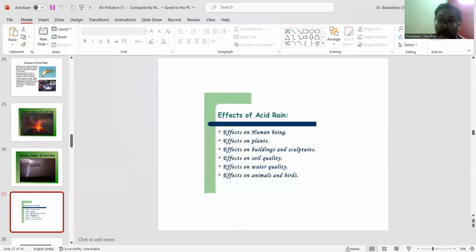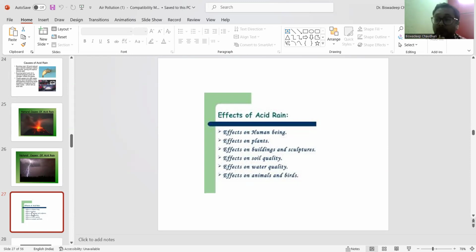Very dangerous. Some plants may be tolerant to pH, but some plants may not be very tolerant. So non-tolerant plants may get hampered due to acid rain. Acid rain indirectly means the creation of lower pH in soil.